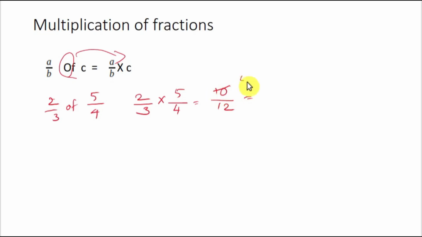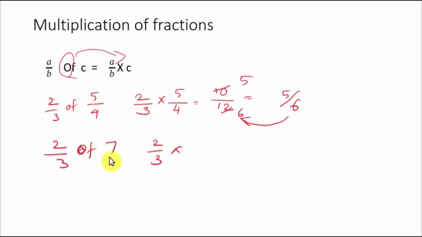So 2 table is possible. 5, 6. 5 by 6 is the simplest form or the lowest form of 10 by 12. So I am putting one more. See, 2 by 3 of 7. I told you 2 by 3 into 7 means 7 by 1. 2 by 3 into 7 by 1 equal to 14 by 3.